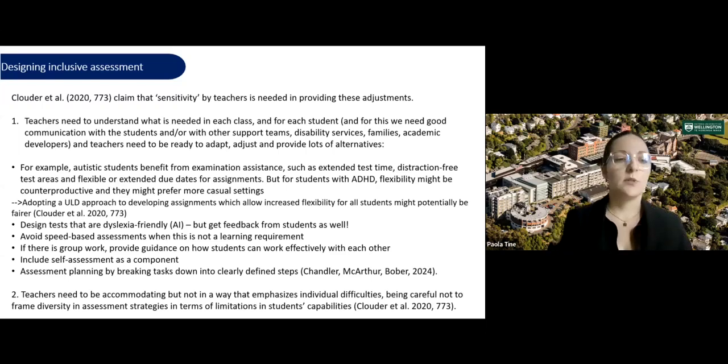And this is what the literature is suggesting. And if there is group work, it is suggested to provide specific guidance on how the group activity functions, because for some people working in a group might be particularly difficult. We have also seen that it can be useful to include self-assessment as a component, which works for many different kinds of thinkers and learners.